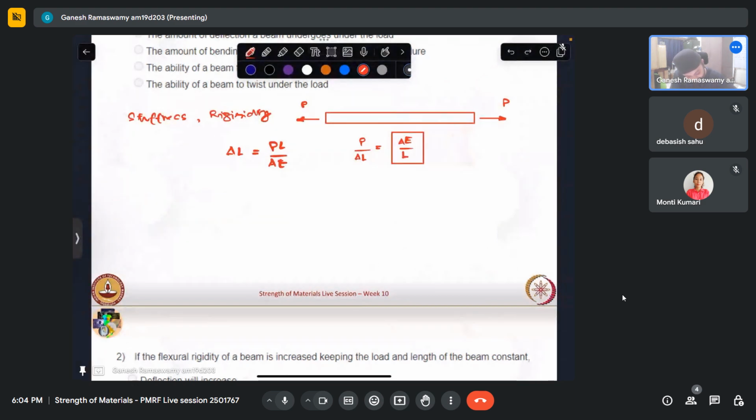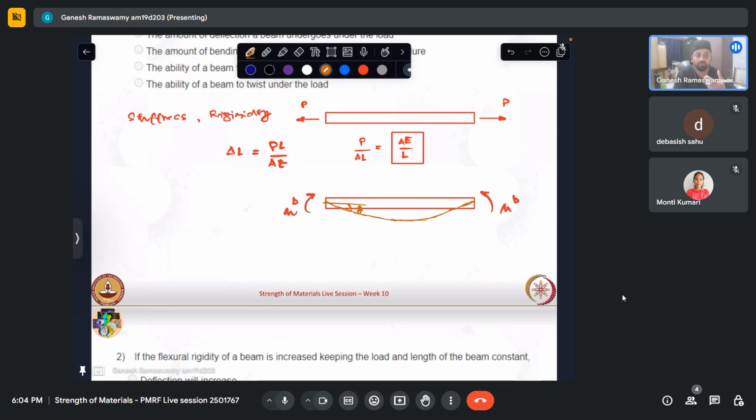Similarly, when it comes to bending of a beam, in fact, I can take this itself. Call this some moment, and I'll just roughly draw it in an exaggerated scale. So let us say that it is having some theta.